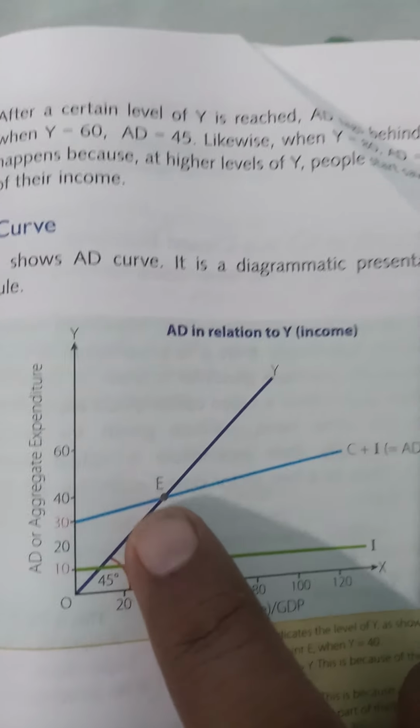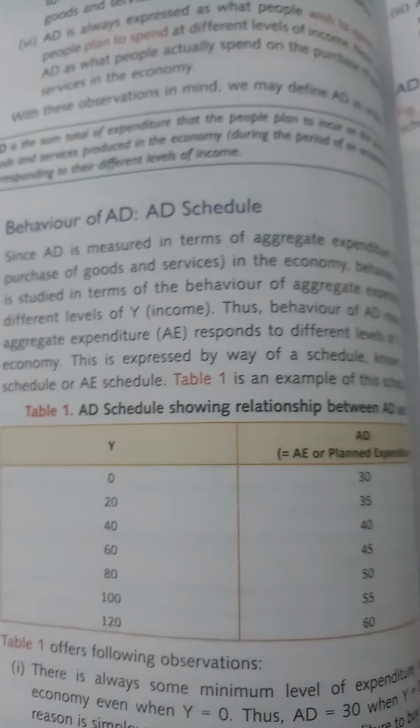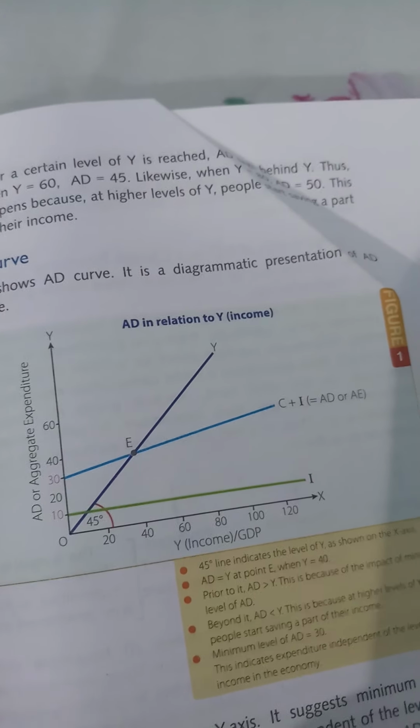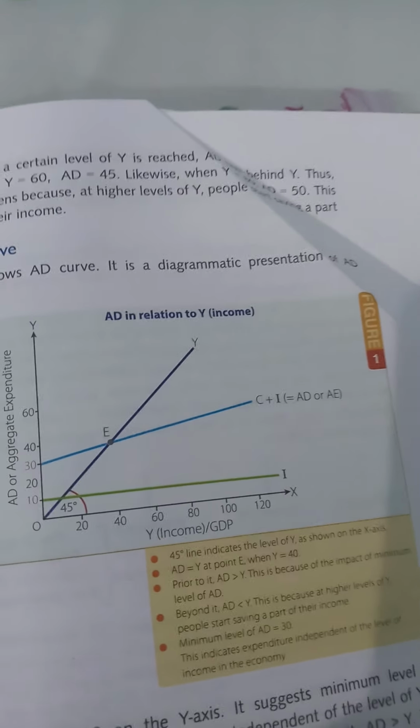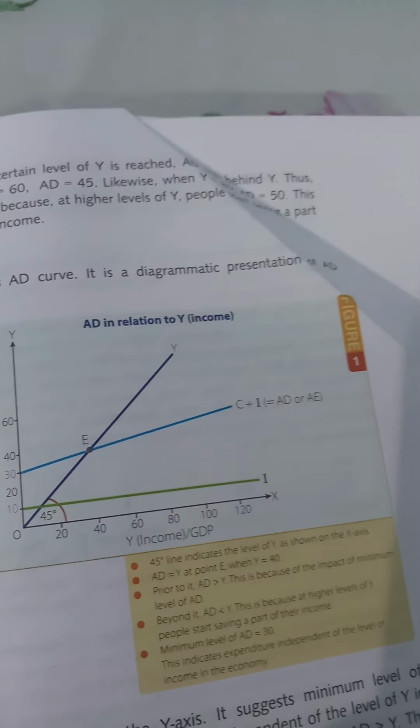But at point E, the income line and the AD line touch each other. From the diagram, it is very clearly visible that income is equal to AD at point 40. So this point E, where the Y and AD lines touch each other, is called the break-even point. The point where Y is equal to AD is called the break-even point.